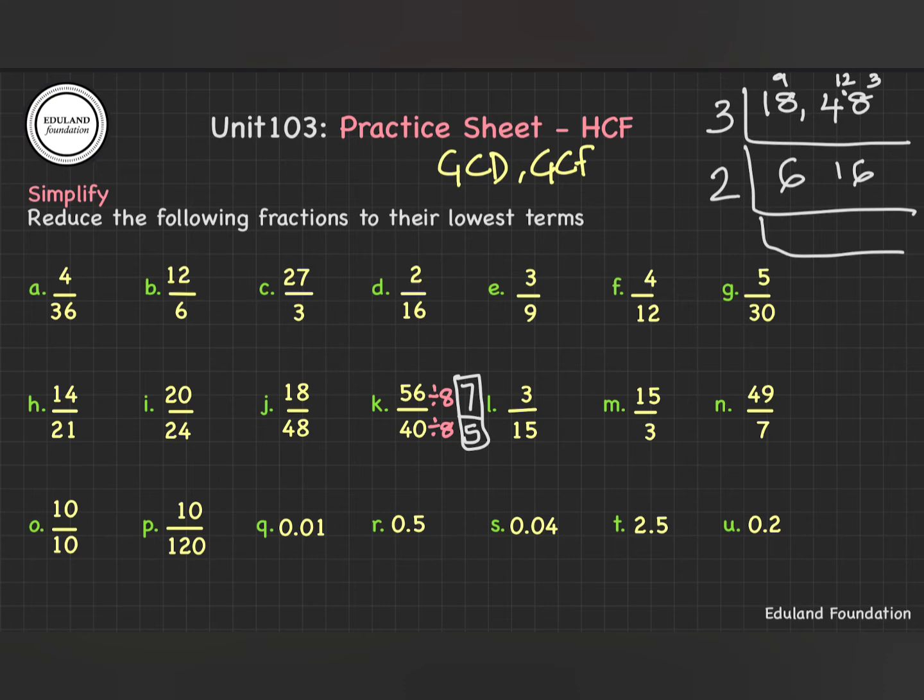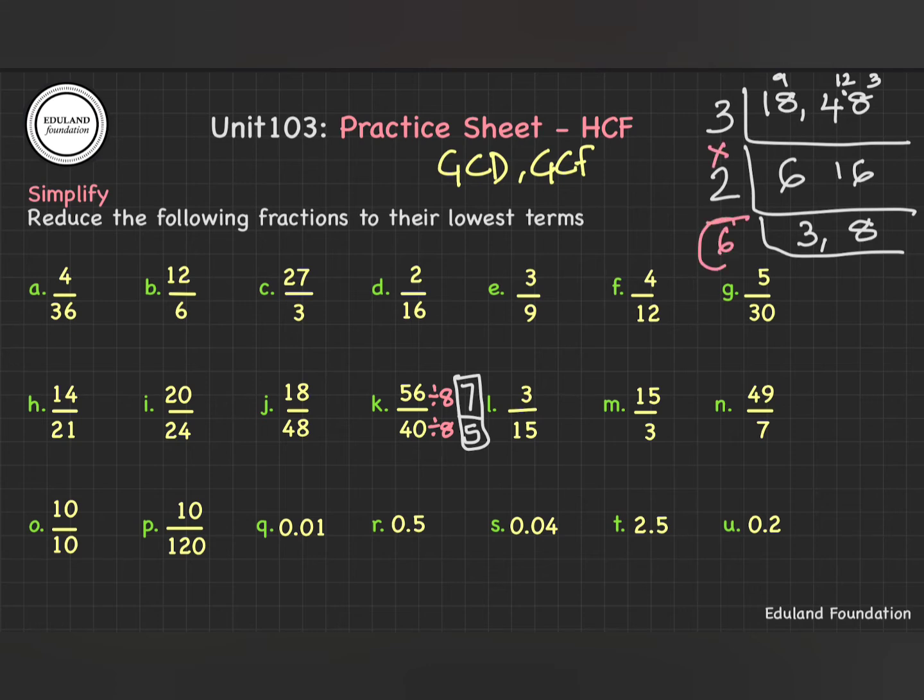2 times 3, 2 times 8. So I have 3 and 8 as the remainder. 3 is a prime number, so I leave it at that. I'm going to multiply the factors, that is 3 times 2, which is 6.